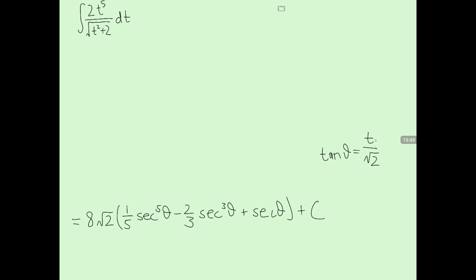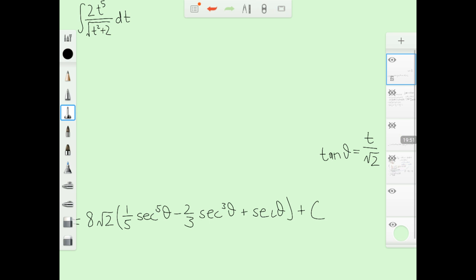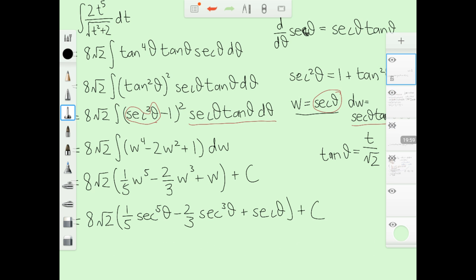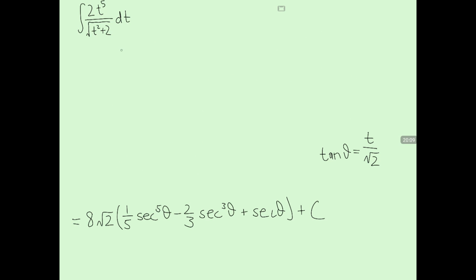So if we were to draw a diagram of this, what would that look like? Here's our previous work. So if we draw a triangle where theta is the angle here, then tangent of theta is opposite over adjacent. So SOHCAHTOA, tangent theta is opposite over adjacent.